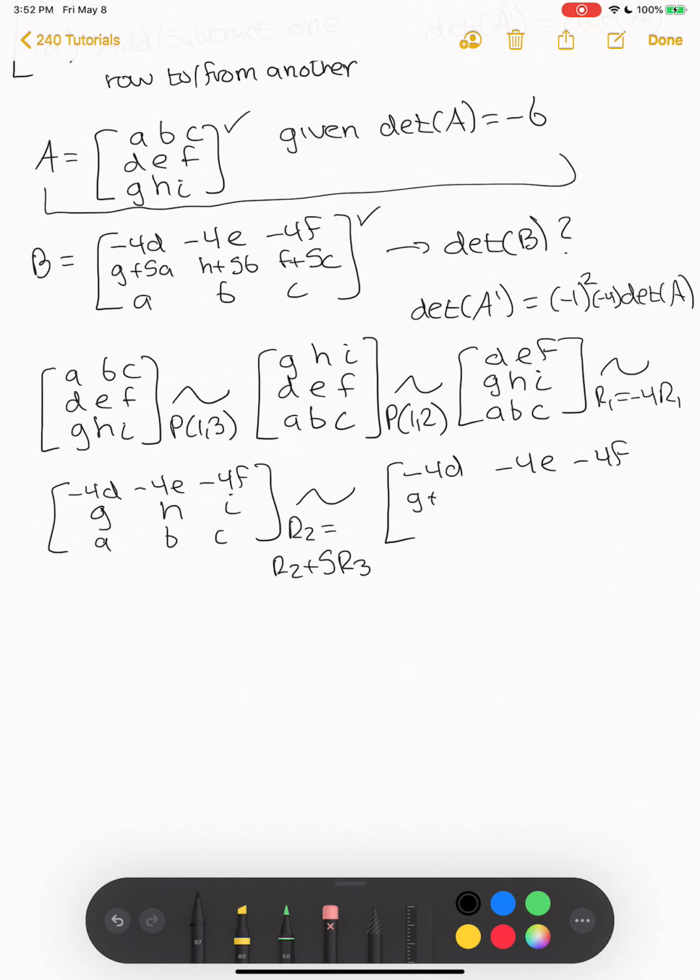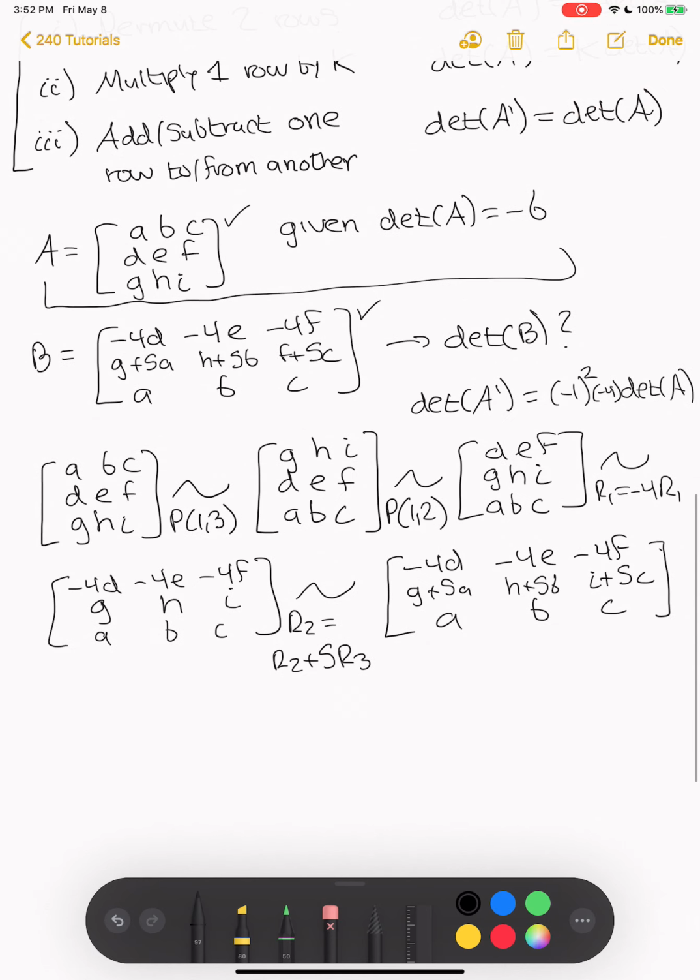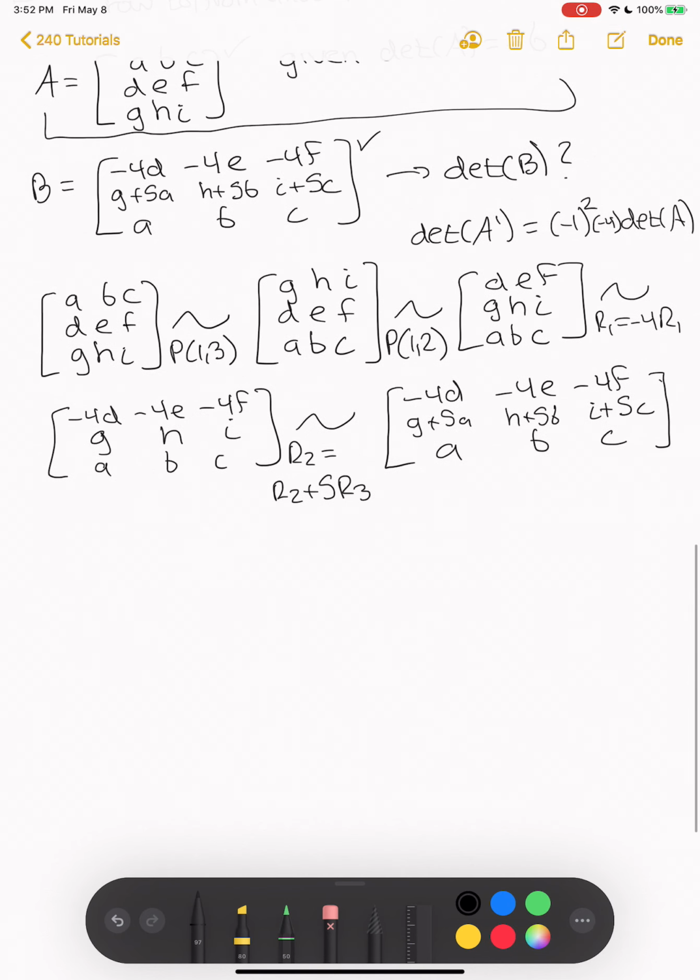So I have G plus 5A, H plus 5B, and I plus 5C. And then I have A, B, C at the bottom. Sorry, right here, I messed up. This should be an I, not an F. So based off of this, we're finished here.